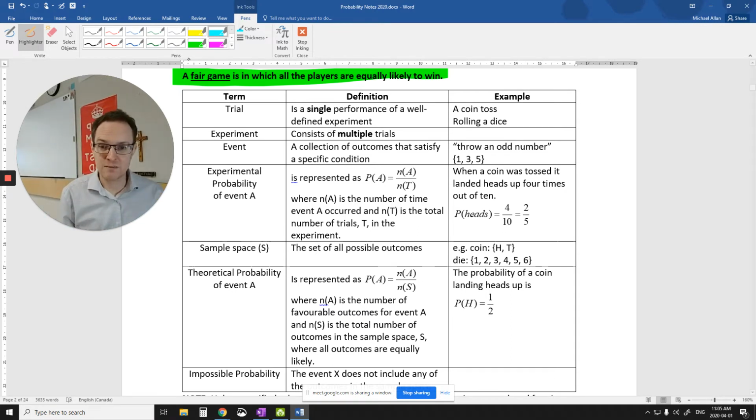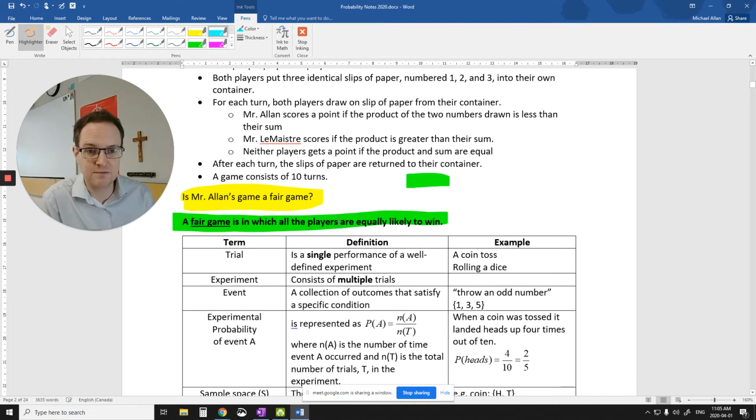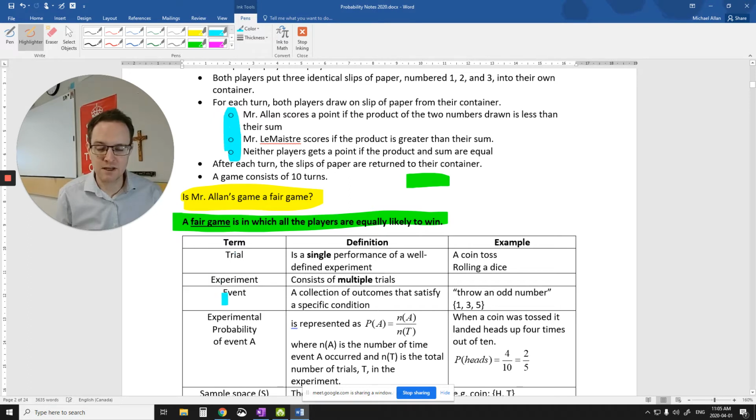An experiment consists of multiple trials. So this whole game is an experiment because it has 10 trials in it. An event is a collection of outcomes that satisfies a condition. So these are like up here. If I want to highlight events here, these 3 things would be my events.